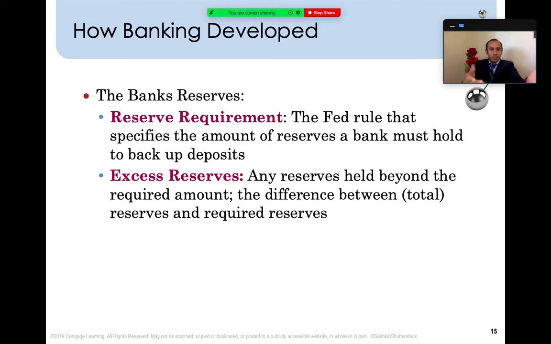The extra 90 are excess reserves. You can do anything that is allowed financially with those extra 90 million. As long as you keep 10 million for the withdrawals, you can always lend the rest. You have to meet your reserve requirement amount, the Fed's rule on the specified amount that the bank must hold.